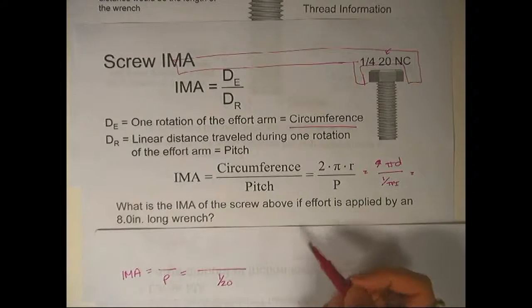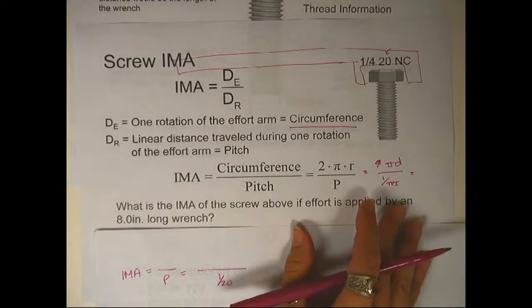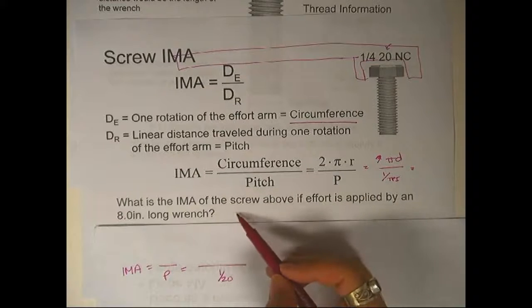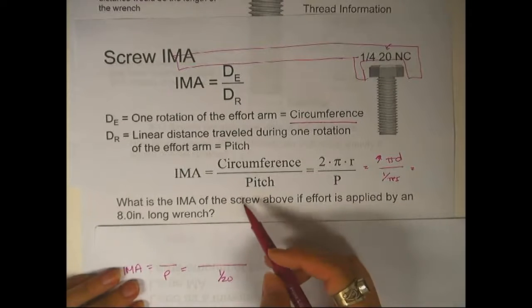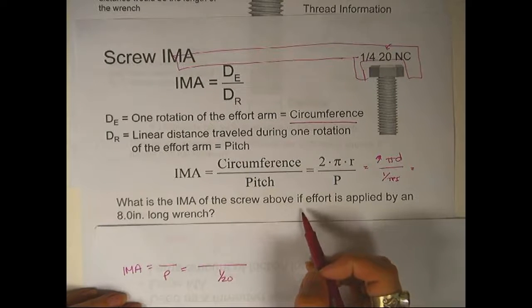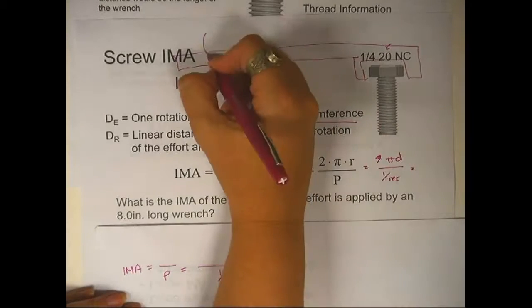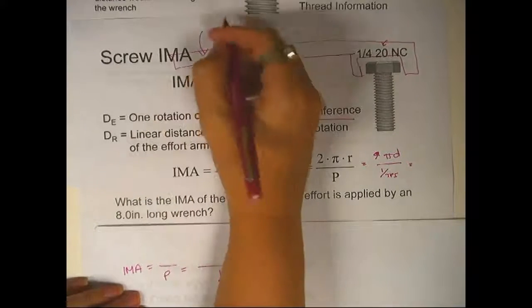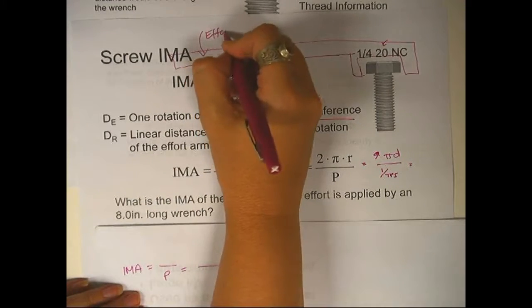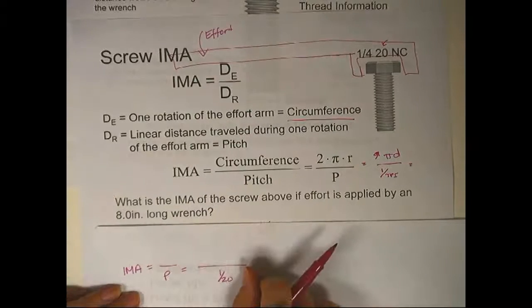Now the top is just a little tricky if you don't catch this little subtle thing. This problem here says that the effort I'm applying, I'm not applying it right here. I'm applying the effort out here at the end of an 8-inch long wrench.